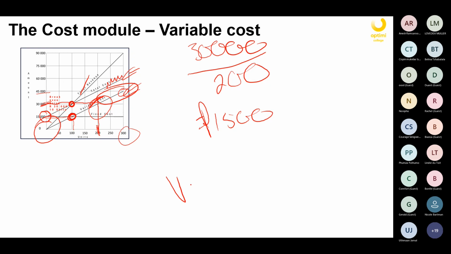Therefore, my variable cost is 1,500 Q. Why do I put Q? Because Q is the number of units that I have to multiply that variable cost by to get my total amount. So in this case, it's going to be 30,000 equals 1,500 times 200.